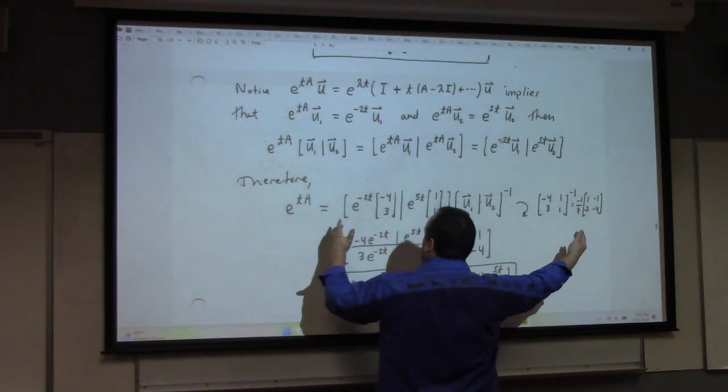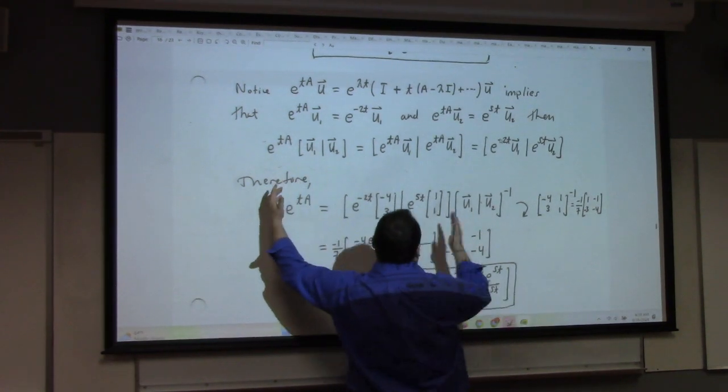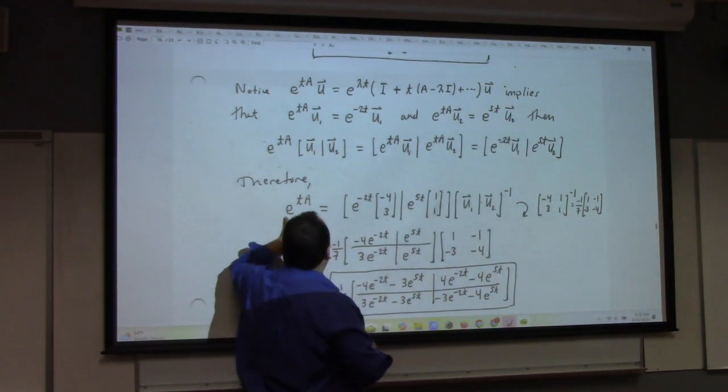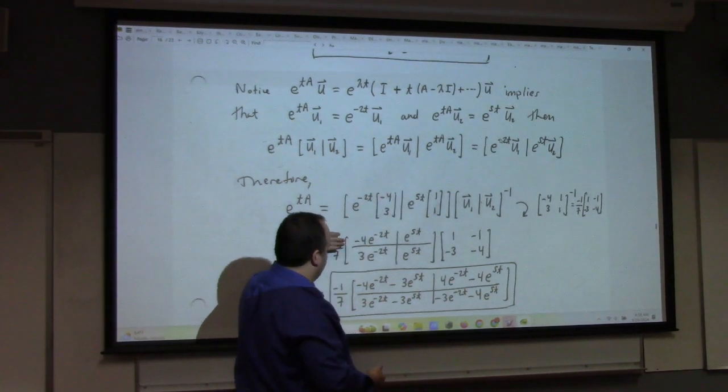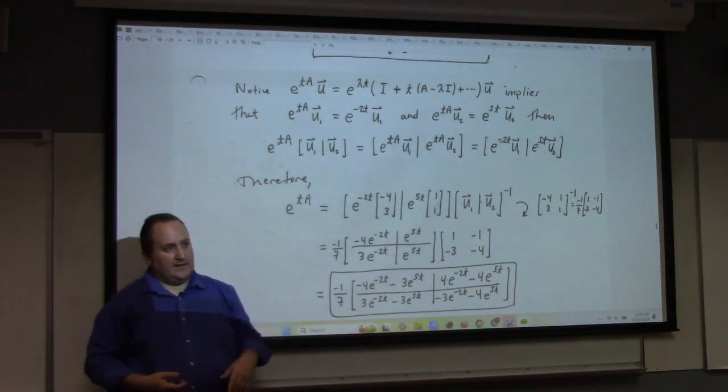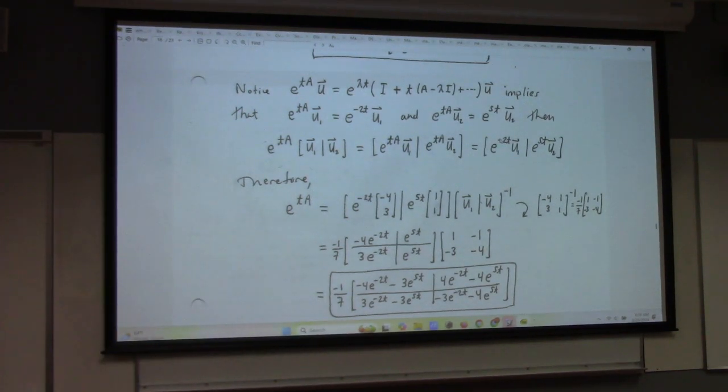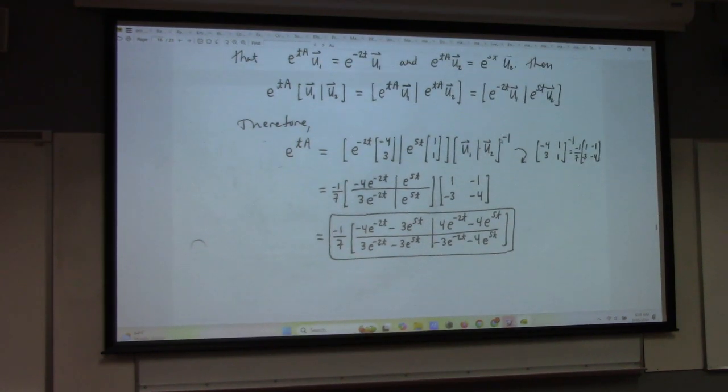So I multiply the equation above on the right by the inverse, and that isolates the exponential. It ain't pretty, but there it is. That's probably the fastest way to calculate it here.